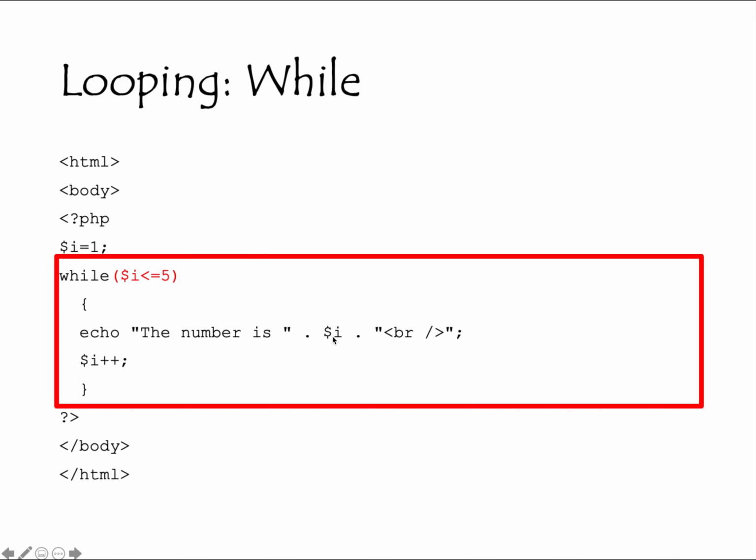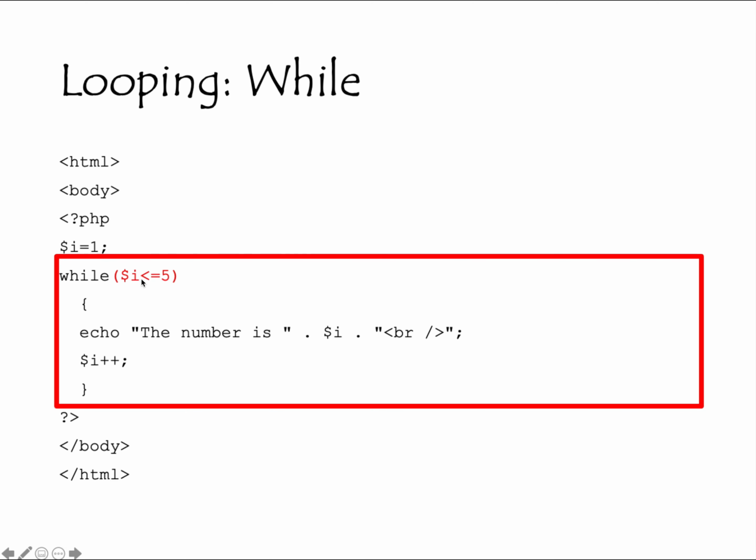Is it still 1? No, now the value is 2, remember? So the number is 2, with a line break, and the output will be printed. And then on the next line, again with this increment operation, $i is right now 2, so the new value 3 will now be assigned to $i.